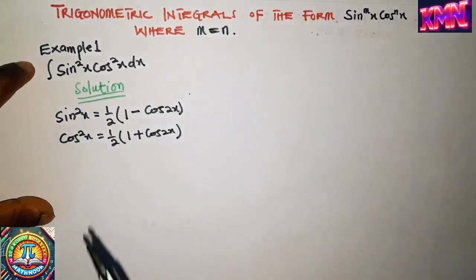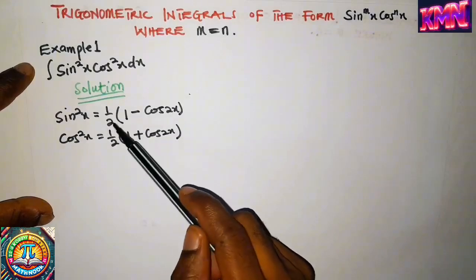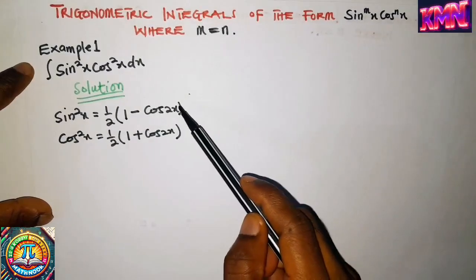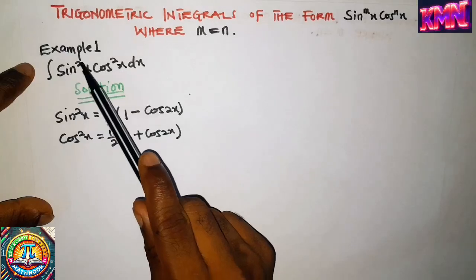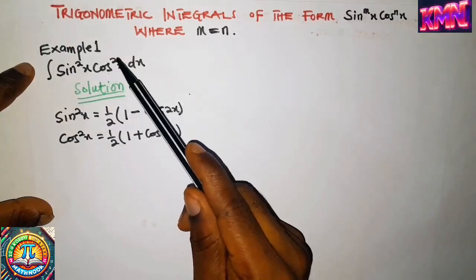In this situation, we are just going to replace half of 1 minus cosine 2x in place of sine squared x, and the corresponding half of 1 plus cosine 2x in place of cosine squared x.